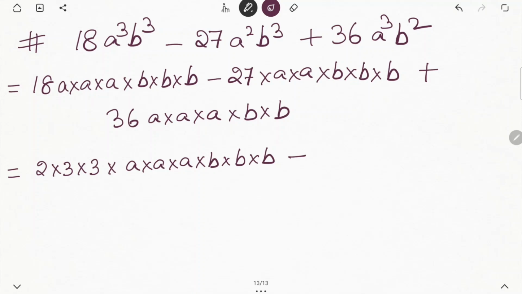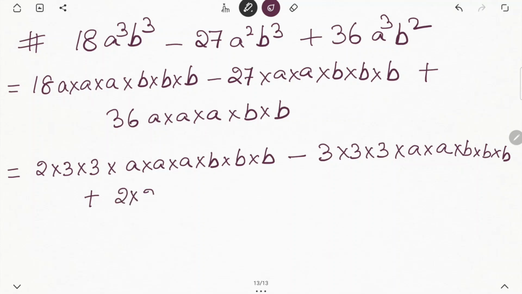Again the factors of 27 is 3 into 3 into 3 into a into a into b into b into b. What about 36? 36 is 2 into 2 is 4 into 3 is 12 into 3 is 36, and then the variables are a into a into a into b into b.